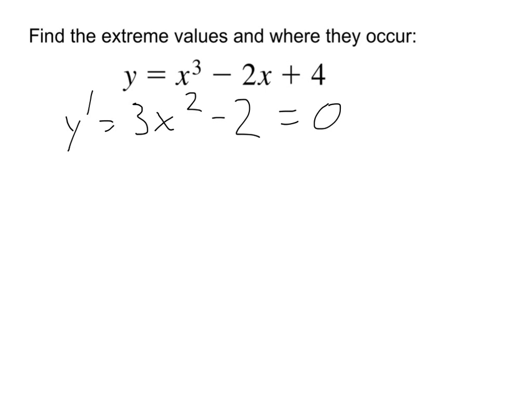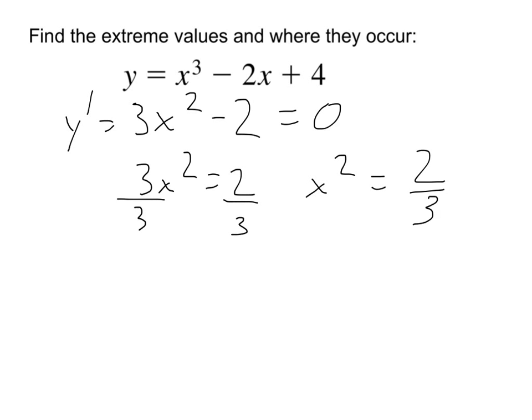So 3x squared equals 2, divide by 3, x squared equals 2/3, so x is equal to plus or minus the square root of 2/3.